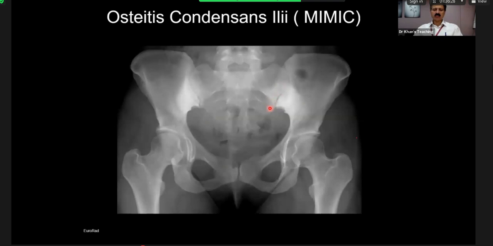It will be bilateral symmetrical, a triangular sclerosis. The joint space will be normal, there will be no erosions. And the history will be as I have told you. So remember this for your day-to-day reporting.